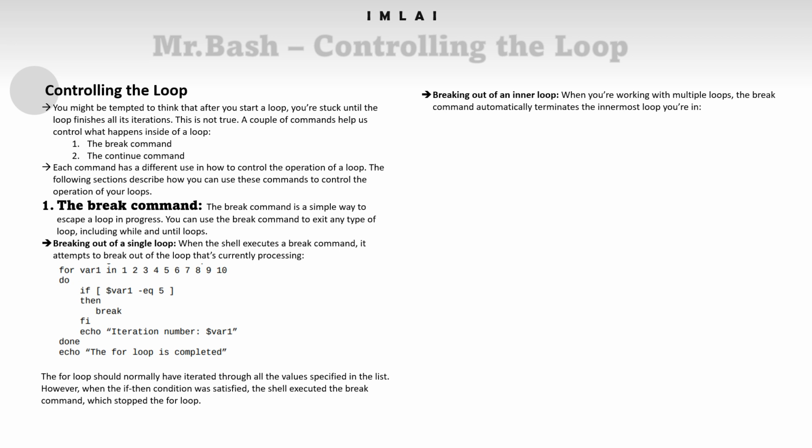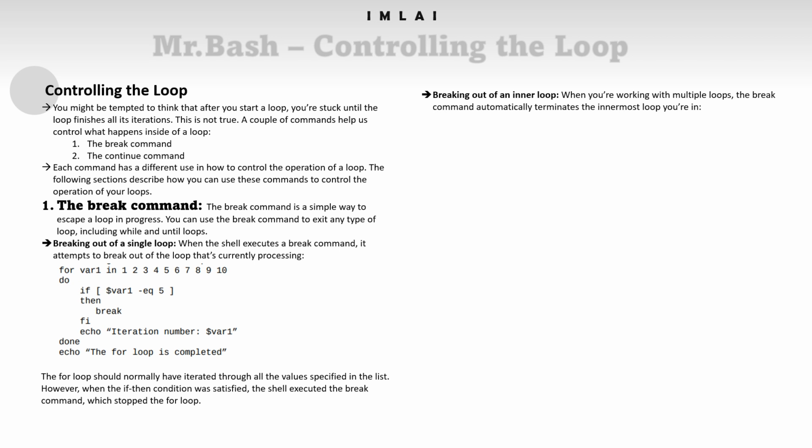However, when the if then condition was satisfied, the shell executed the break command which stopped the for loop. That's how the break command helps you break out from a loop.